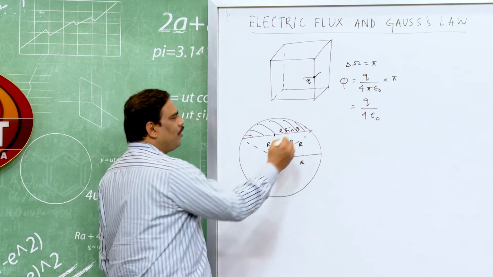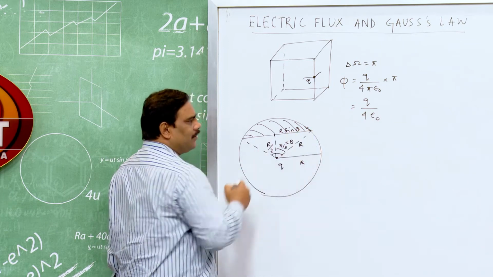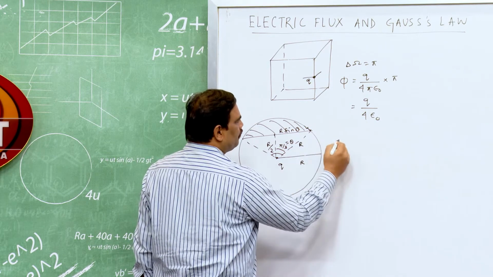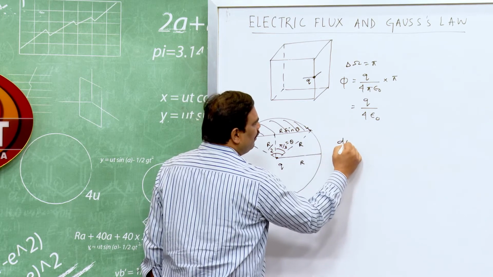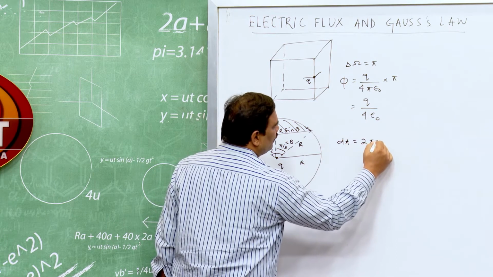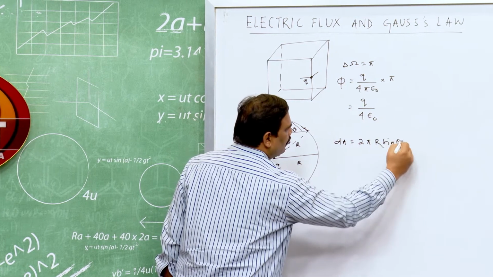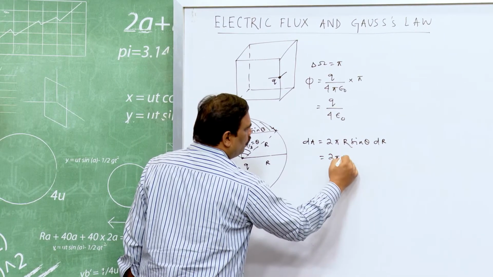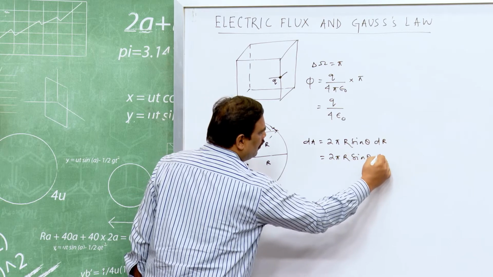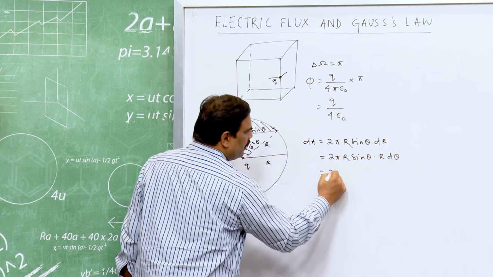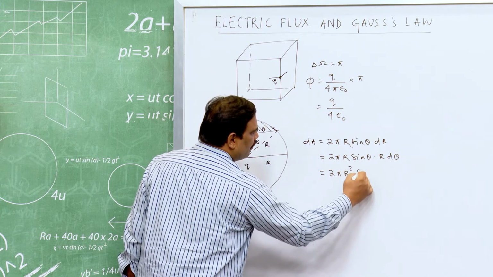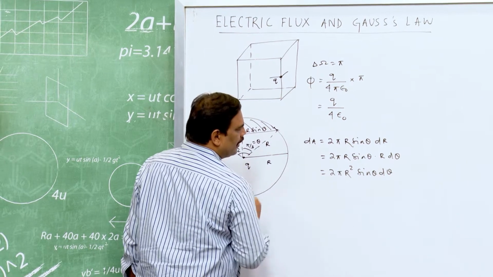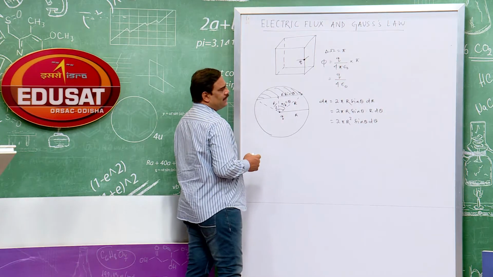If I consider a small portion dr, then the dA will be equal to 2 pi r sin theta dr. So, this will be 2 pi r sin theta r d theta. So, this is 2 pi r square sin theta d theta.